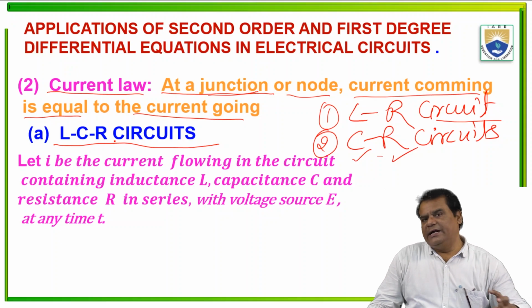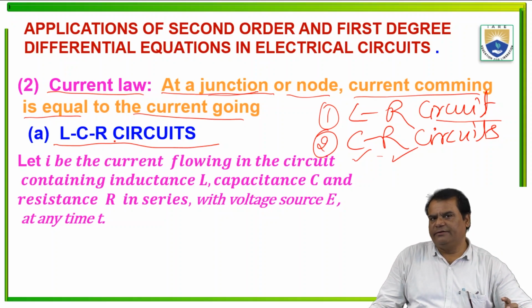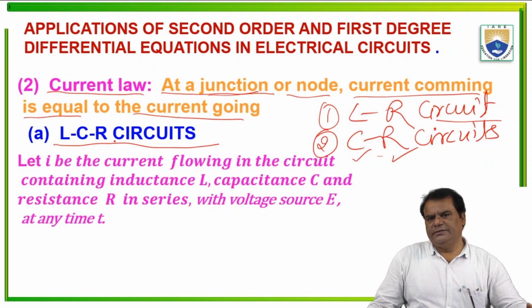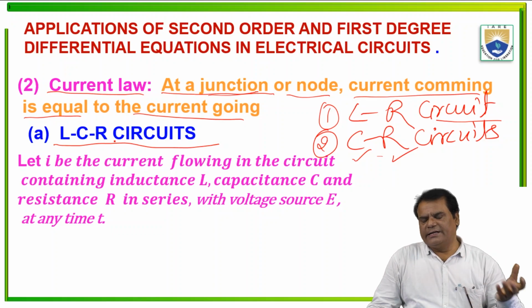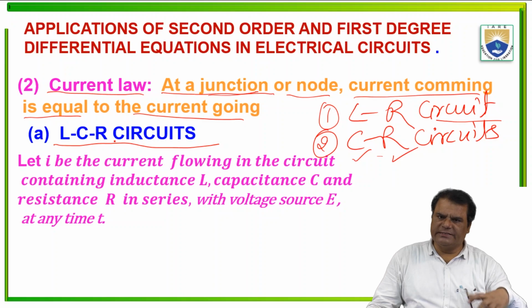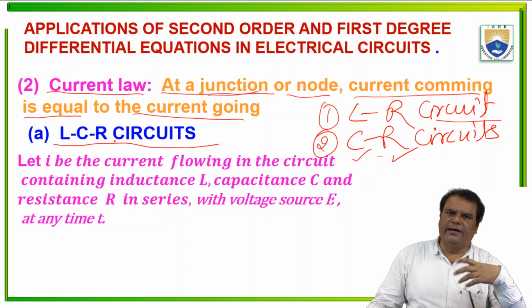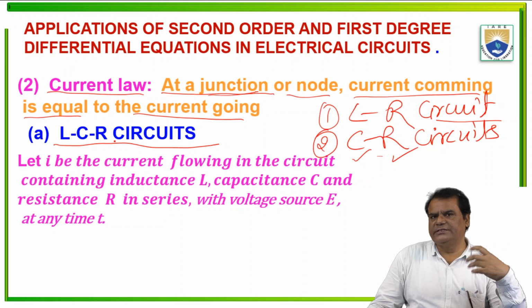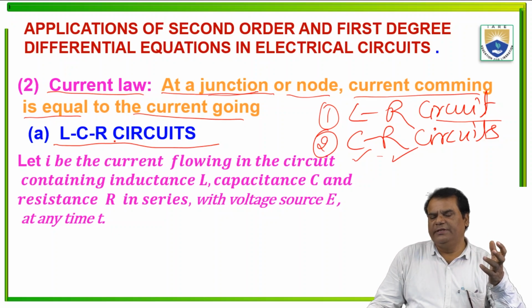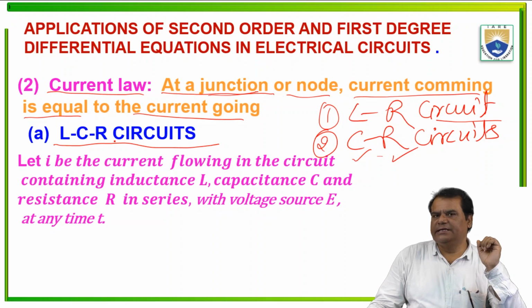But now we are discussing the LCR circuit, containing three components: inductance, capacitance and resistance. So in this circuit we apply higher order differential equations. I want to discuss how we can use higher order differential equations with constant coefficients in the LCR circuit.